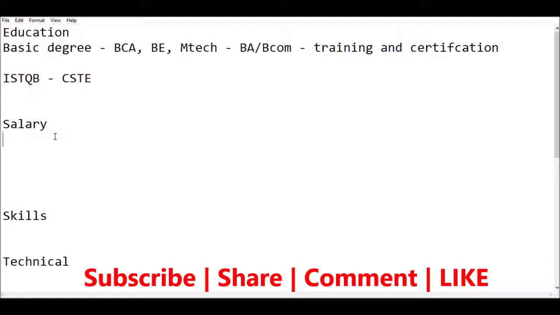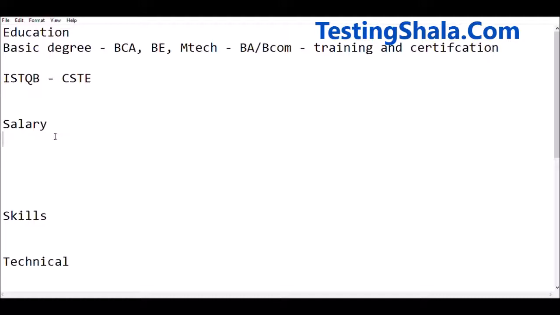Now let's understand what the salary would be, especially in the Indian job market. In the Indian job market, it depends on the company you are going to be hired by. If you are hired by a startup company, your salary can start from 15,000 a month as a tester, or it can go up to 50,000, 1 lakh.